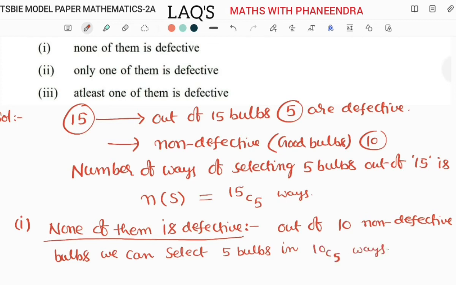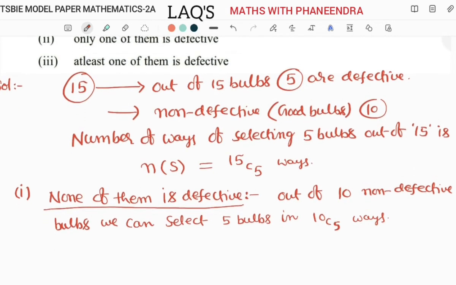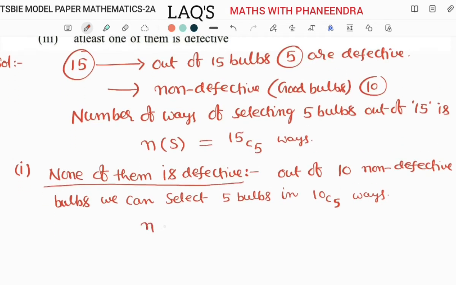So this event, if you assume it as A, n of A is equal to the event of selecting the non-defective bulbs. None of them is defective means no bulb is defective.